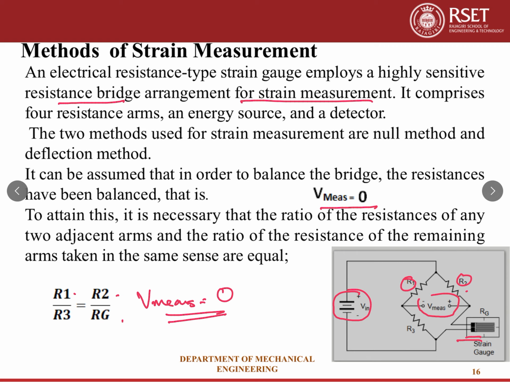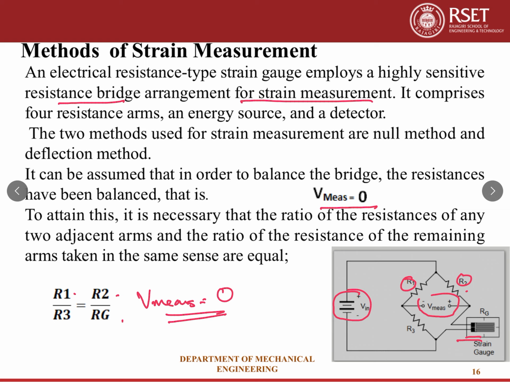When the material is strained, the strain gauge which is bonded to the material will also get strained. As a result, a change in the length or diameter takes place in the grid element of the strain gauge. As a result, its resistance changes. That means one of the arms of the Wheatstone bridge has a different resistance.